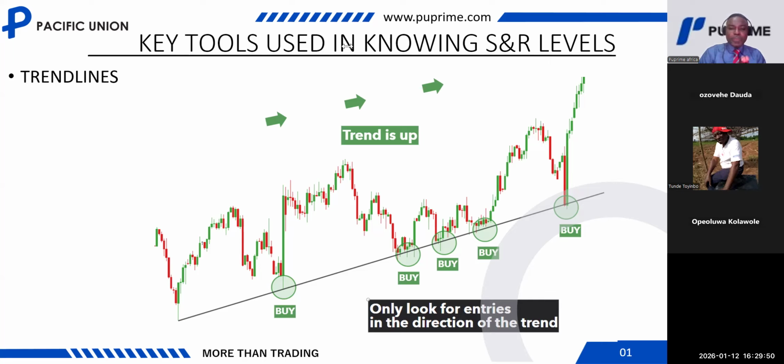So we've not really done entry strategy in the real sense of it. You can look for your trend on a higher time frame, then look for a lower time frame for entry, and that's basically what top-down analysis or multiple time frame analysis is all about. So I hope that answered the question, Mr. Dowda.